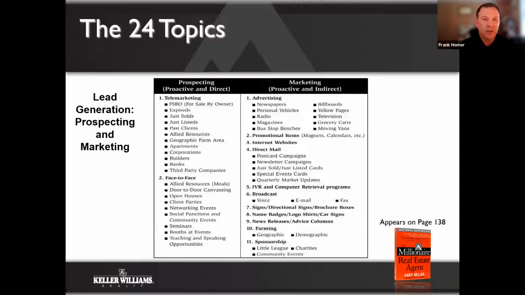A lot of different things you can do under there, but again, it's human-to-human contact. The marketing side is also quite interesting, just how diverse it is. Some of the broader categories, advertising and broadcasting, are quite interesting. A lot of things in there you'll recognize as common.